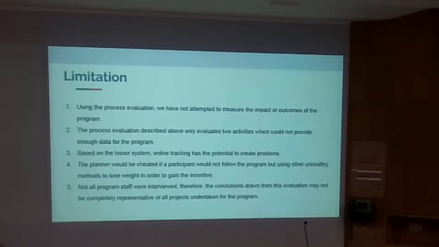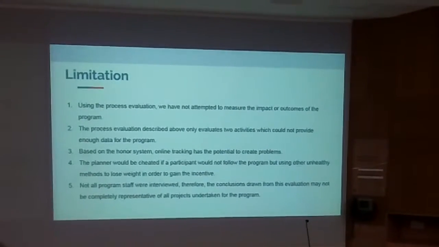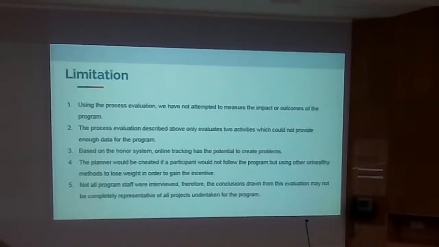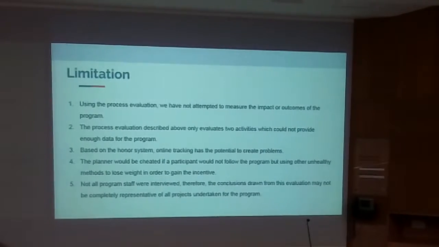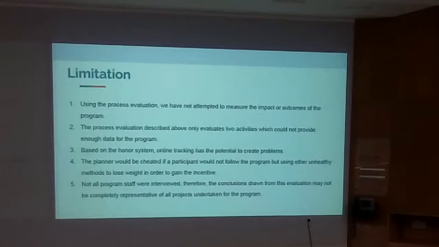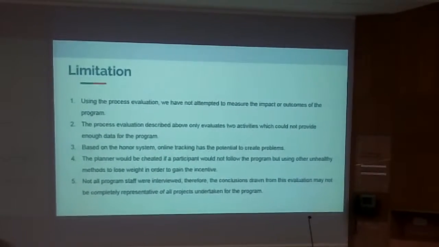About our limitations: we use process evaluation, so we cannot attempt to measure the impact or the outcomes for the whole program. Another thing is that the process evaluation described above only evaluates 2 activities, which could not provide enough data for the whole program.